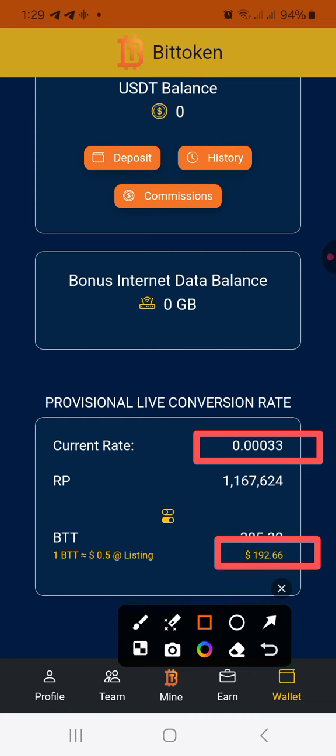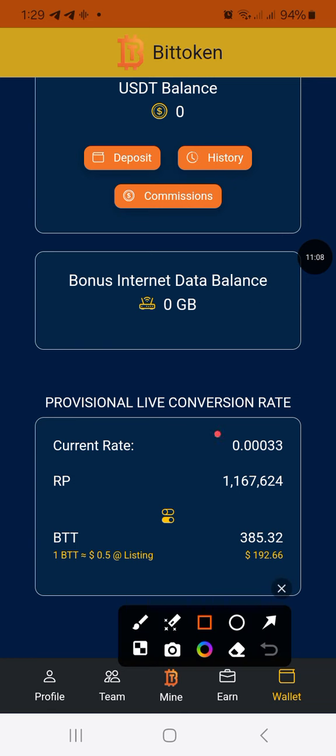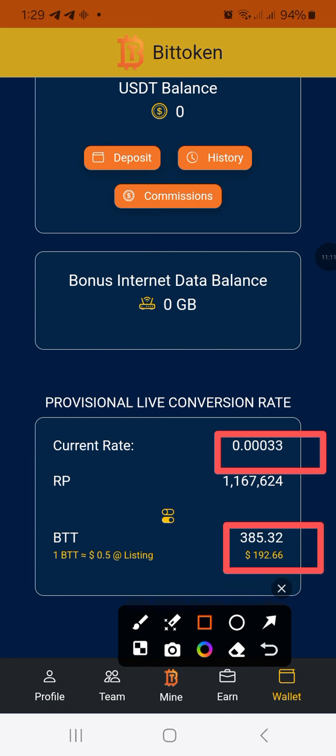These can change. This can change. This only changes when you get more. As long as you're getting more reward points, these will also go up.